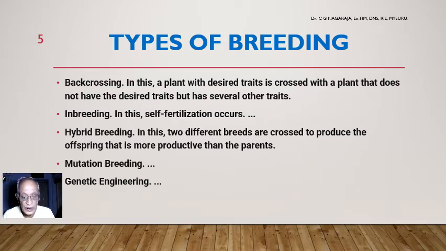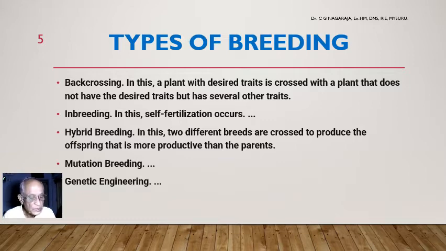Hybrid breeding is there. In this, two different breeds are crossed to produce offspring that is more productive than the parents. So that is another type of breeding. And mutation breeding refers to changing the genetic makeup, the genome. They will make a mutation occur and change it, and such breeding is also possible.